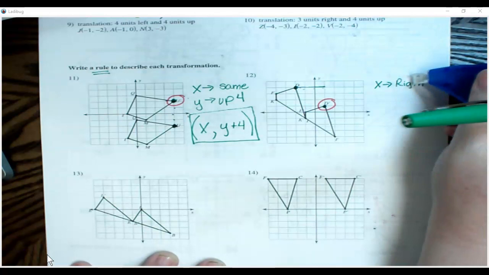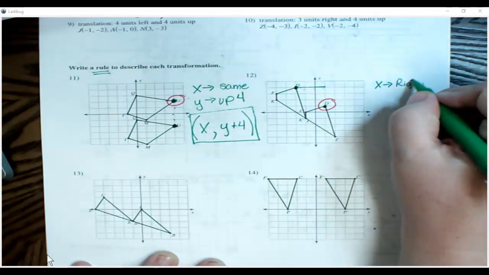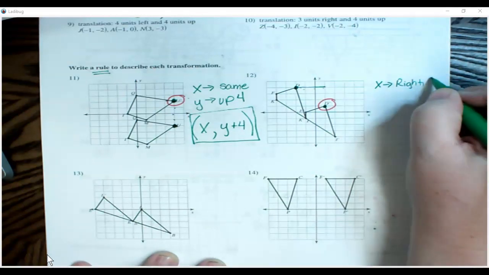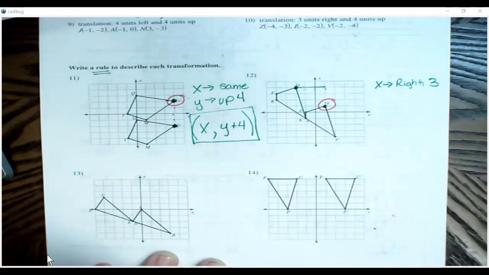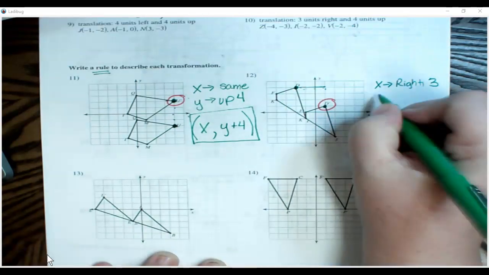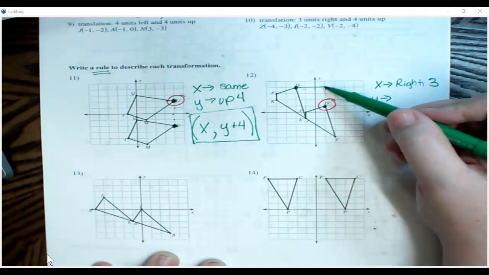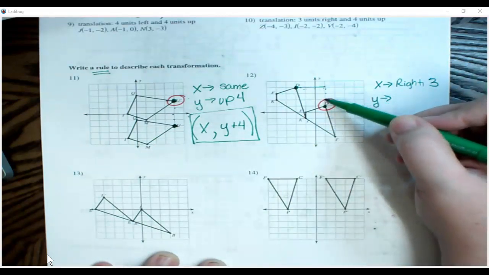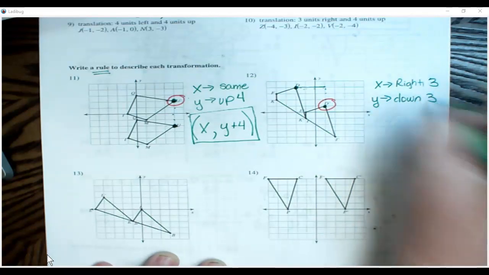It's early this morning. So I'm going to the right 3. 1, 2, 3. That's what's happening to the X directions. Now let's look what's happening to the Y. To the Y, I'm having to go down. 1, 2, 3. So I'm going down 3.